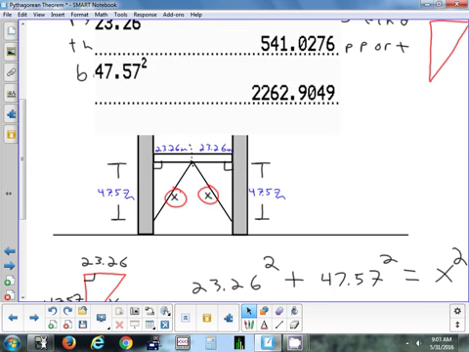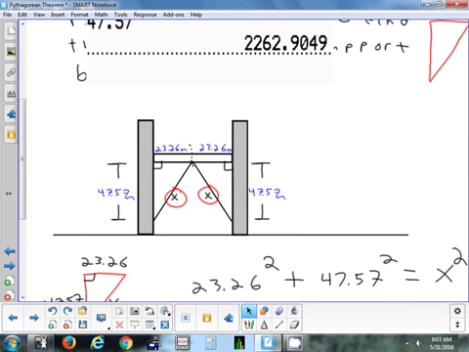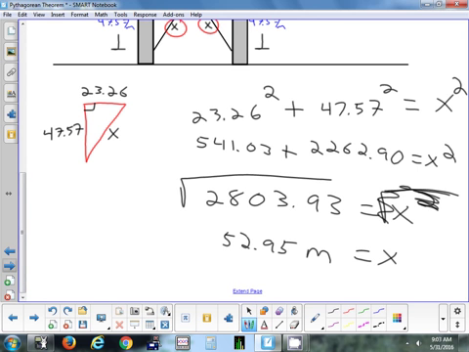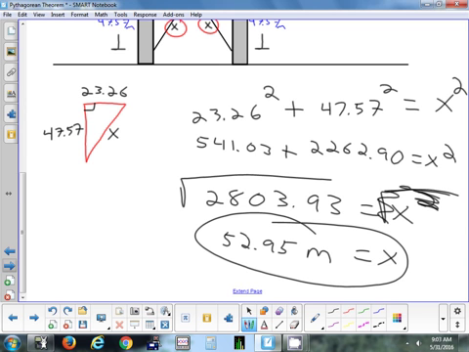I blocked part of it, but they had a label of meters. So just make sure you put meters. That's a pretty long steel beam. If you were to put that on a football field, that would probably go from the end zone to a little past midfield.